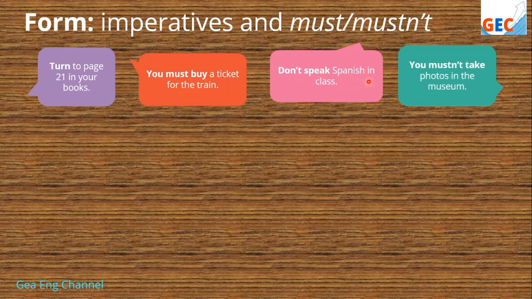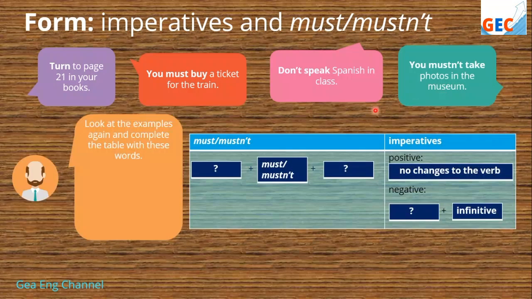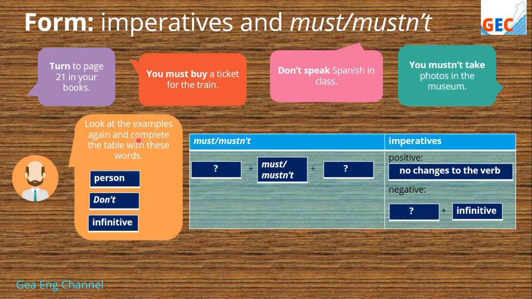Don't speak Spanish in class. And you mustn't take photos in the museum. So from these examples, I need you to complete the table with these words. Here we have must and mustn't, and here we have imperatives with positive and negative statements.